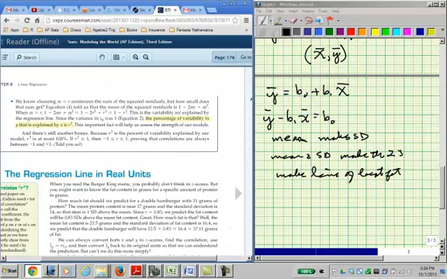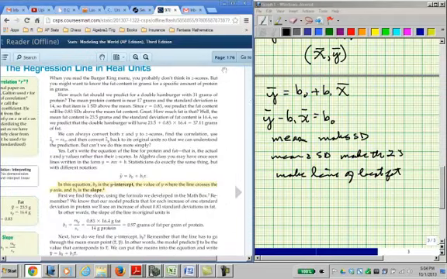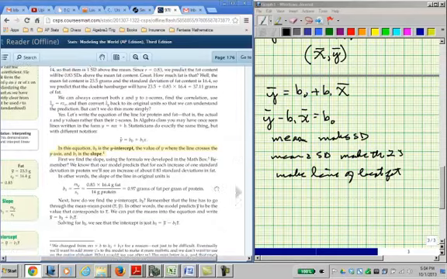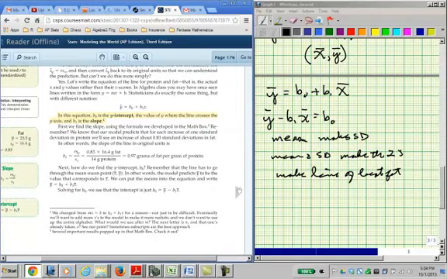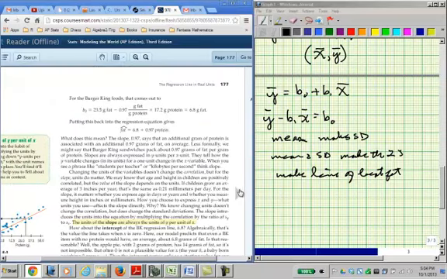Okay. Let's see. I'm going to go to here. And we covered this. Alright, so let's go. Now we'll go here. Okay, and so we do all the math and everything, and they do this here.